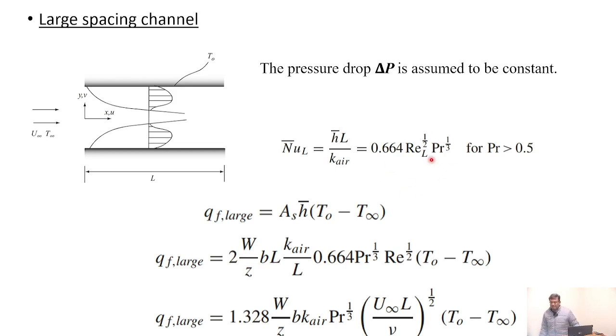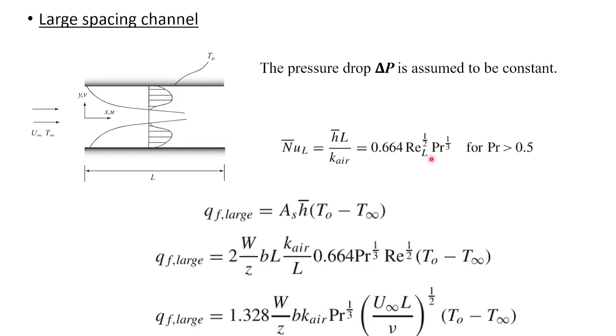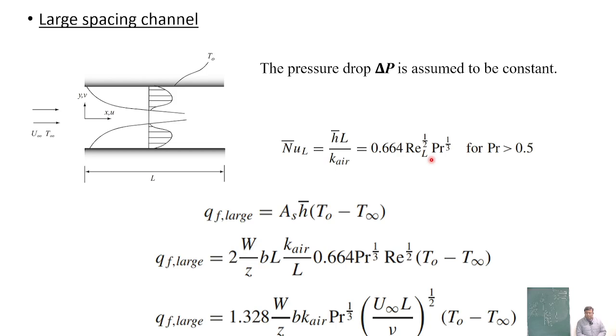So anybody recognizes this correlation? This is for forced convection. So this is a flat plate, forced flow over a flat plate. The local Nusselt number is given by 0.332, etc. I think you'll remember this, right?